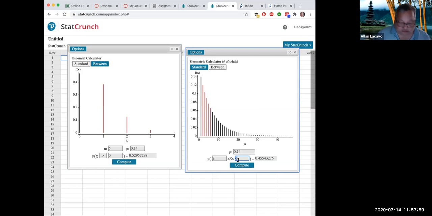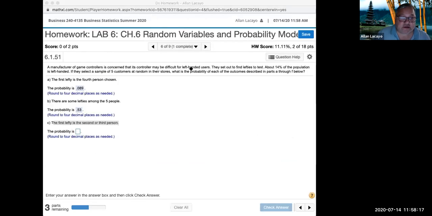And I'm going to look at 2 to 3. And notice how the red color identifies the second and the third bar of this geometric model. And 0.2239 becomes the answer to the probability that the first lefty is either the second or the third person on the list.